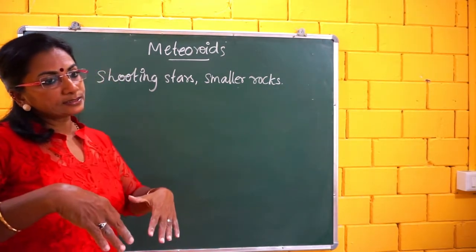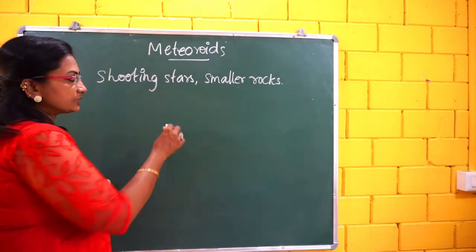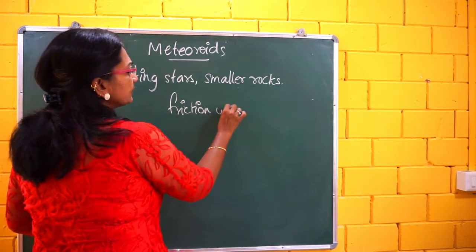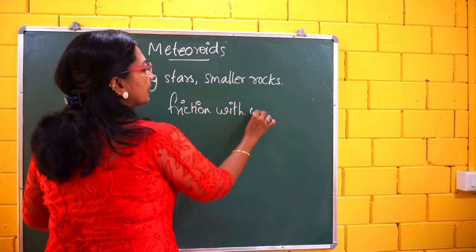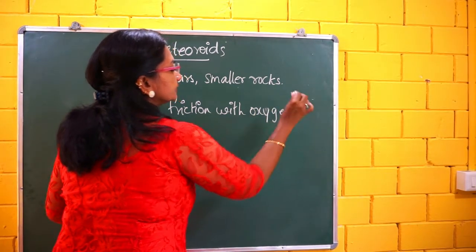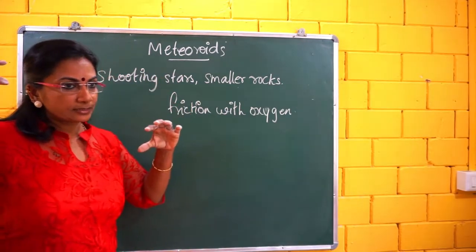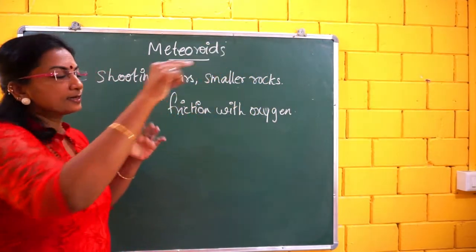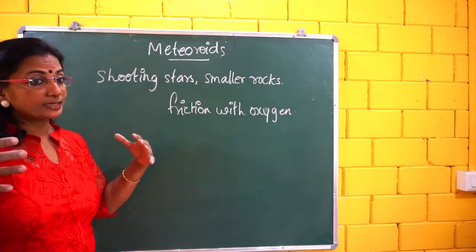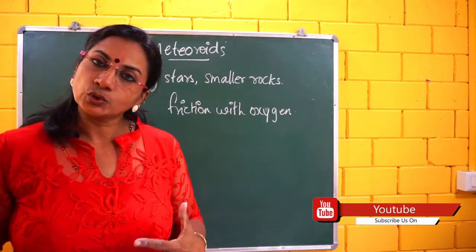When they enter the Earth's sky, the friction with the oxygen heats them up and these rocks get burned. That is why, when a burning piece of rock goes like this, we call it a shooting star.